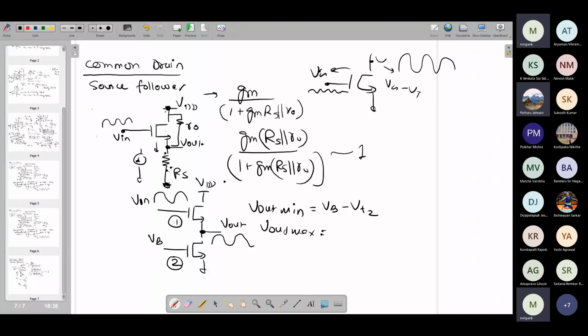Now, can you tell me what the V out max is? For V out max, I will have to find out what the V in max is, because V out will follow V in. So what is the V in max?